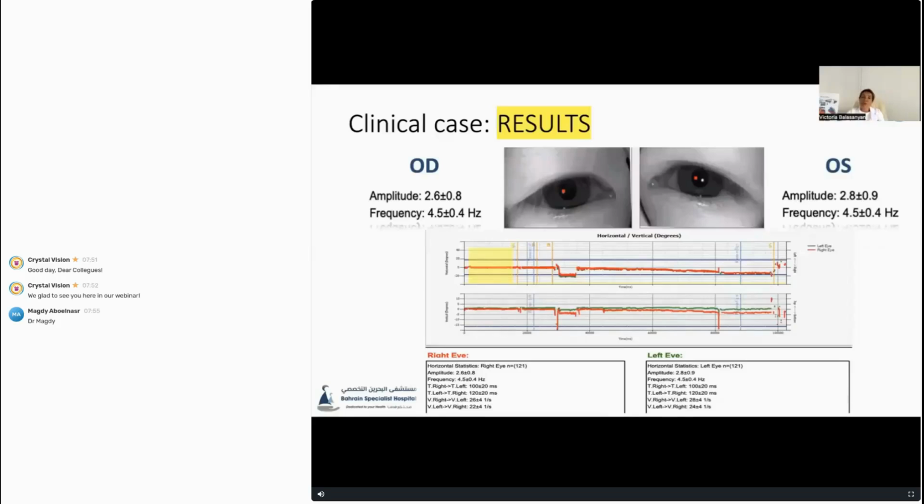This significant reduction in amplitude indicates a successful outcome of the surgical intervention, showcases improved eye stability and reduced oscillatory movements. Such results not only reflect the effectiveness of the surgery, but also enhance the patient's quality of life by allowing for better visual function and comfort.